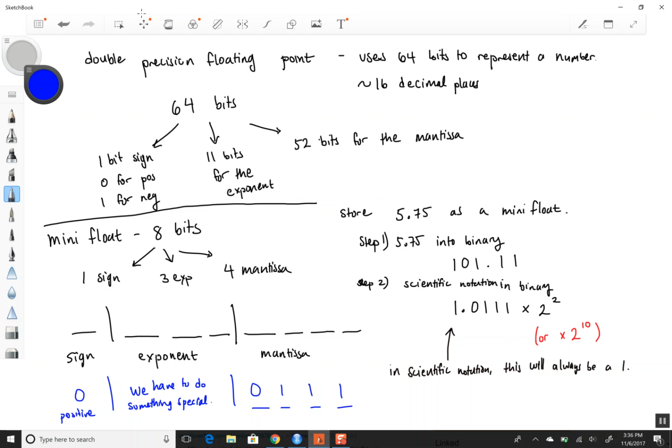That's what I would do if I didn't have to do anything special. We're raising it to the second power, 2 in binary is 0, 1, 0 using 3 digits, and I would put 0, 1, 0. But we have to do something special first, and that's what I'll do on the next slide. Is this okay so far?